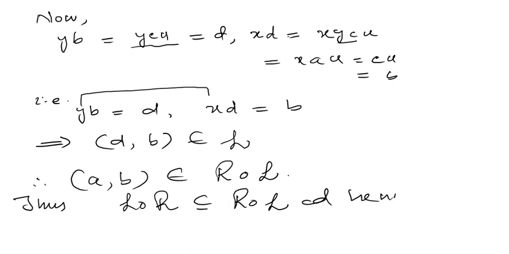Because we said we would prove only one part, the reverse inclusion follows along similar lines, and hence L composition R is equal to R composition L.